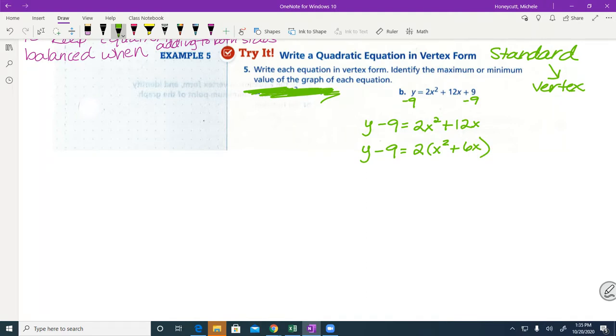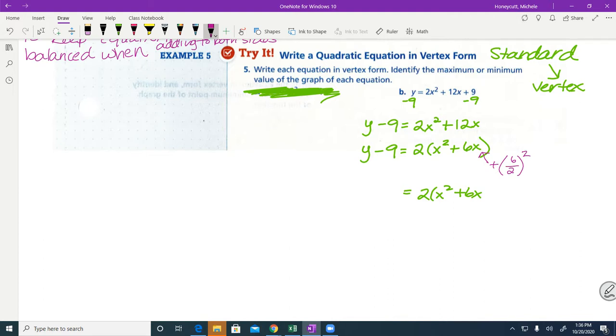Then I need to figure out what number I'm going to add to both sides. So I'm going to add this b, 6, divided by 2, squared right there. Then I'll come back and add a different number on the left side. So 2 times x squared plus 6x. Let's figure out what number we're adding.